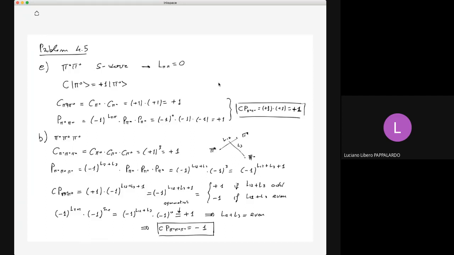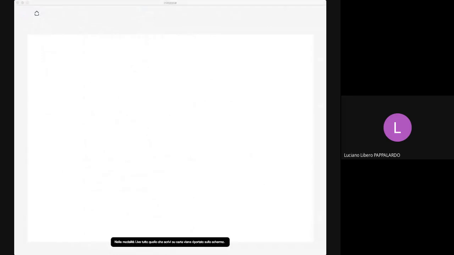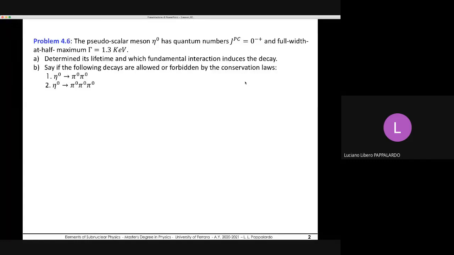Now, a couple more problems. Problem 6. The pseudoscalar meson eta 0 has quantum numbers JPC equals 0 minus plus, and the full width at half maximum 1.3 keV.